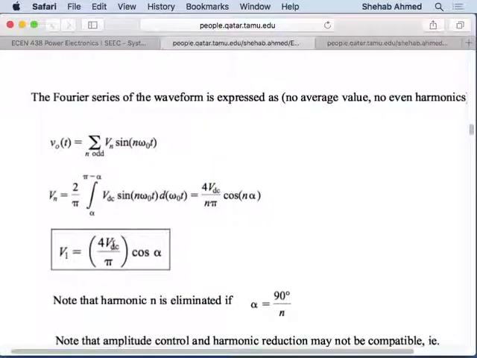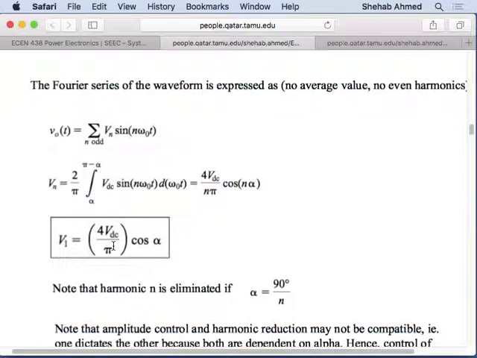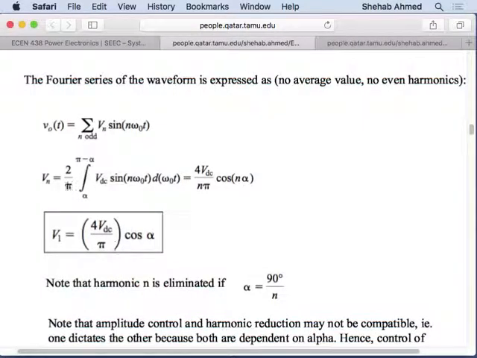So, again, to see how adding zeros helps, you have to go to Fourier series again. Right? So, they did the Fourier series for us here. And the nth harmonic of voltage is what they've calculated for us, equal to 4 VDC over n pi cosine n alpha. Right? So, what does this tell us? For the fundamental, for example, I have 4 VDC over pi cosine alpha.